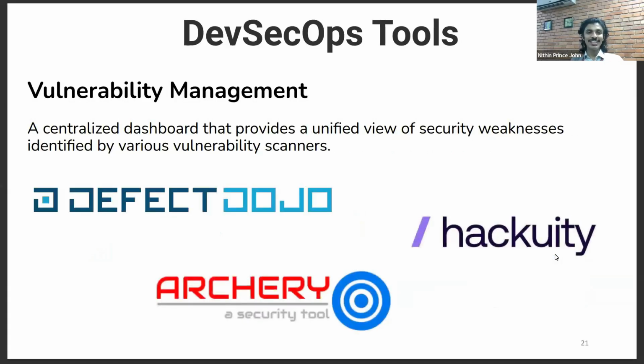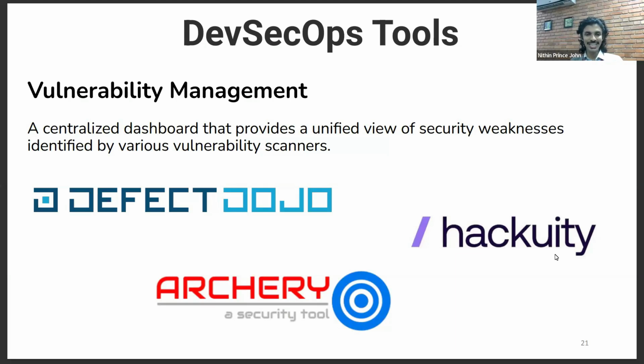The next category is vulnerability management tools. So why do we need vulnerability management tools? Think like that, our secret scanning tools, our SCA tools, and our SAST tools are all generating a report, right? We would need to go through the logs that are created by these tools. Rather than going through these logs, all the output from these tools can be sent to a centralized UI.